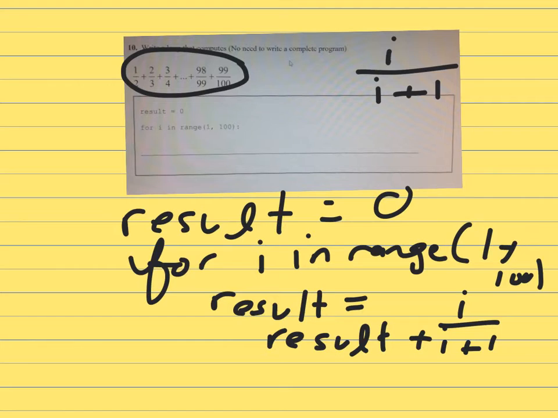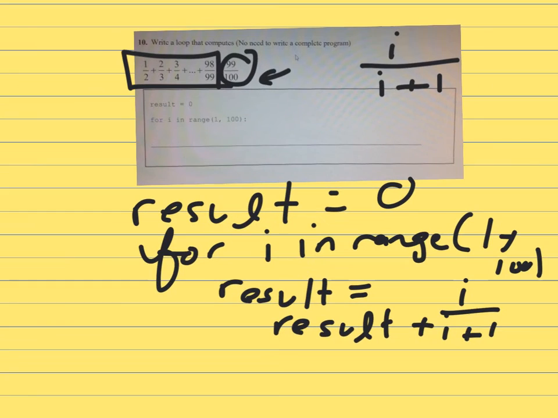So for instance, if we're trying to figure out the 100th iteration, the sum of all the iterations at the 100th iteration, it will add this value to all the other values before it, which is the existing value, which is the results.